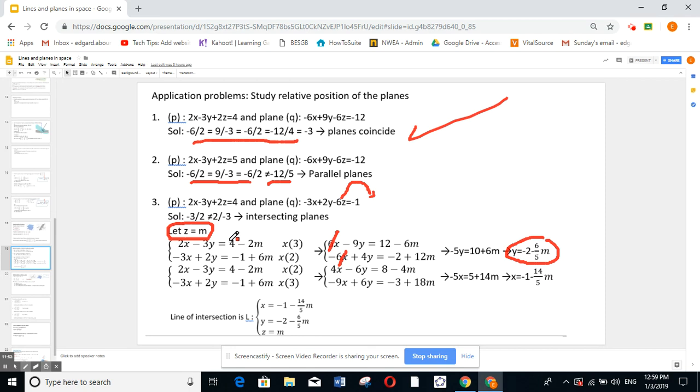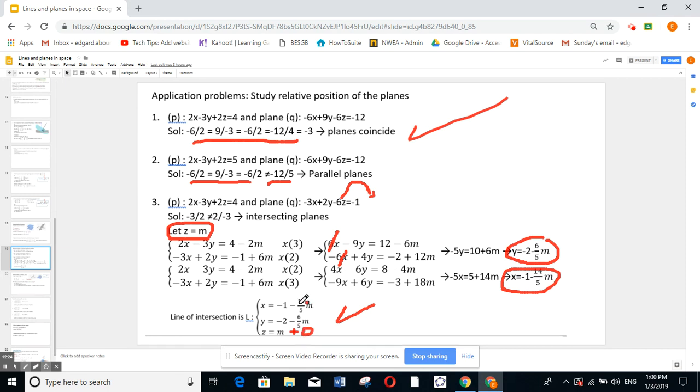Now you can replace y here, or you repeat it. You cancel y now: I multiply the top by 2 and the bottom by 3. You're going to get that this is x. So what is the line of intersection? x equals minus 1 minus 14m, y equals minus 2 minus 6 over 5 m, and z equals m. We get infinitely many common points: minus 1, minus 2, plus 0, or you replace m by any value and you get another point.